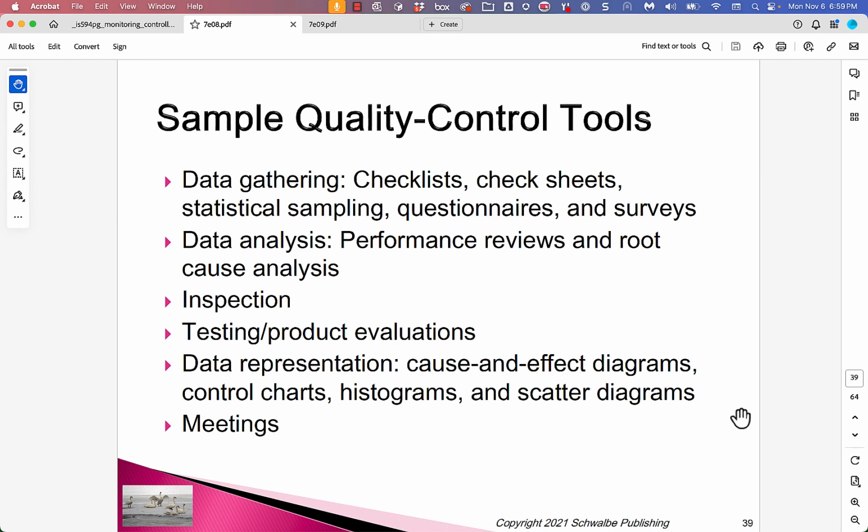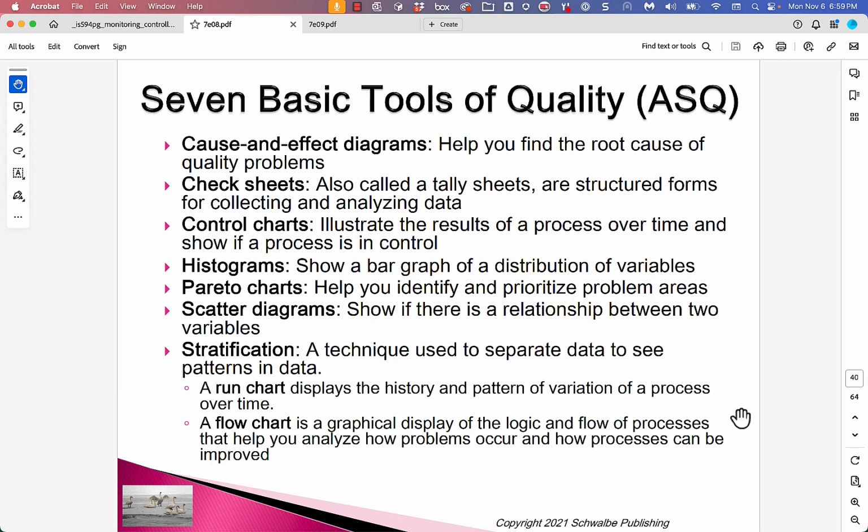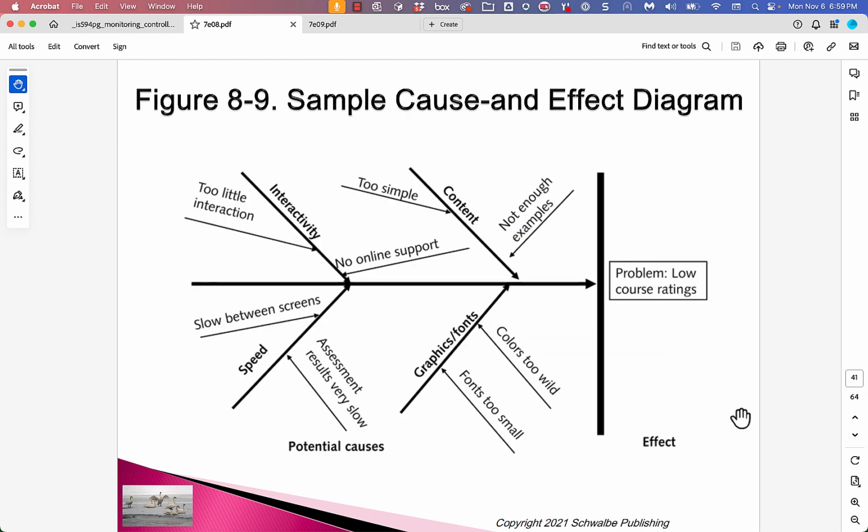Okay, so we have cause and effect diagrams, control charts, histograms, scatter diagrams, and of course we can always use meetings in which we review quality control issues. So let's look at these things or pictures of things, and then we'll come back and make sure that we covered all of the things.